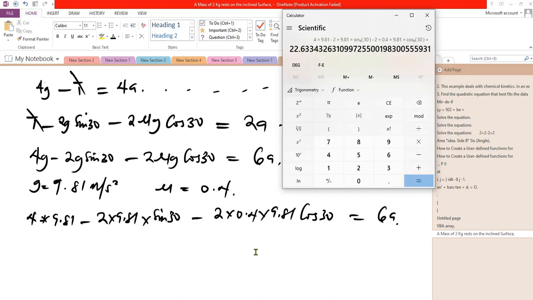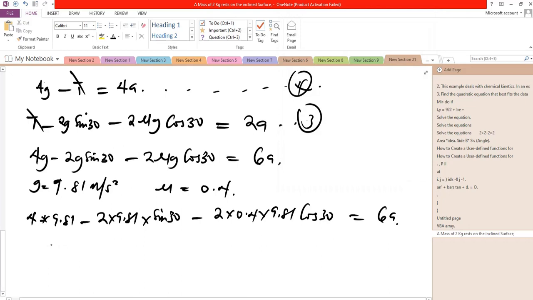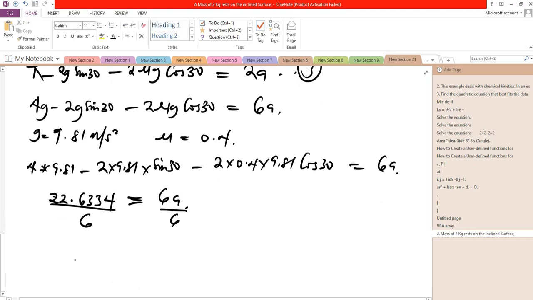22.633. So we have 22.6334 equal to 6a. So isolating a, you divide all through by 6. And that means our a is equal to 22.6334 divided by 6, because this cancels this and the right hand side will now be a.